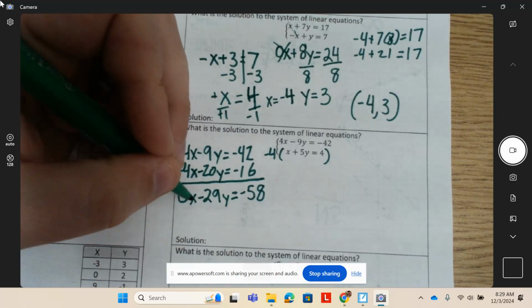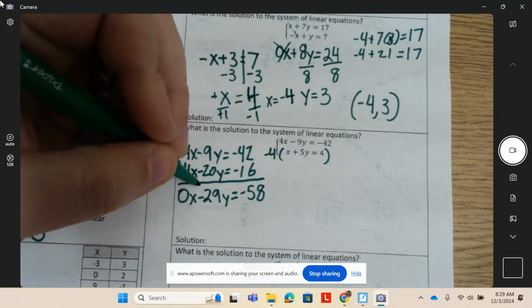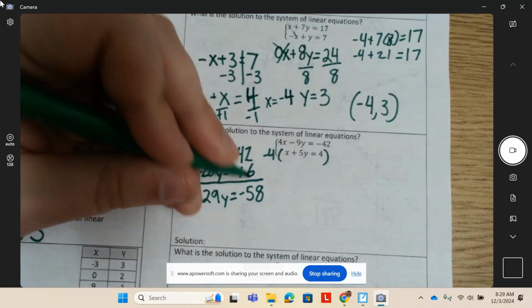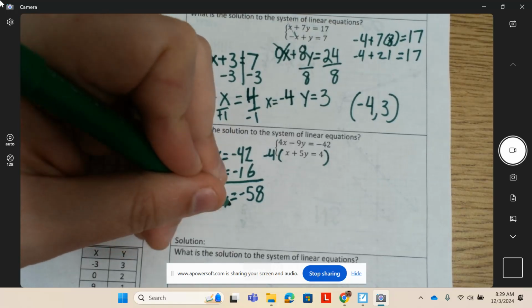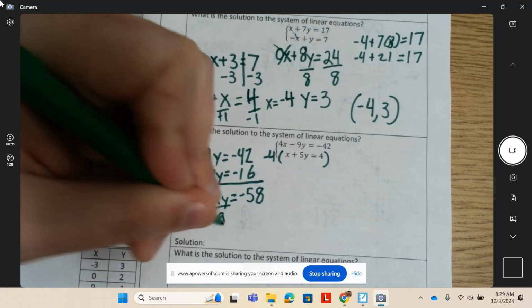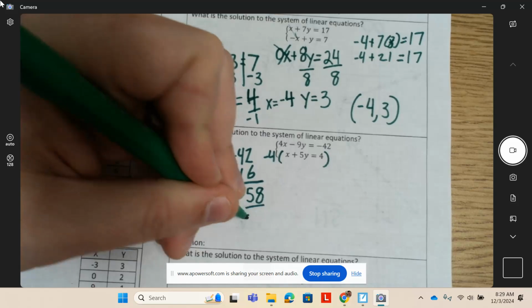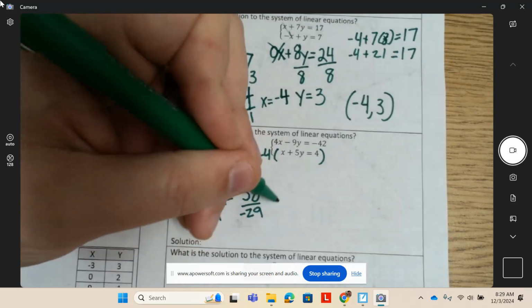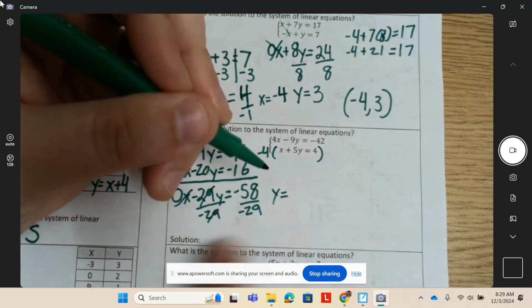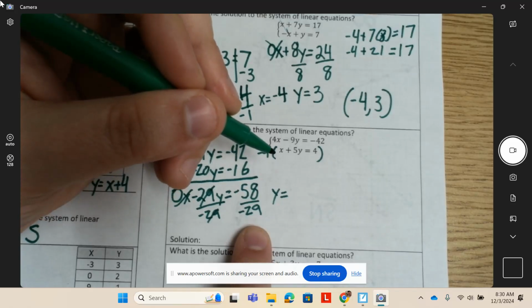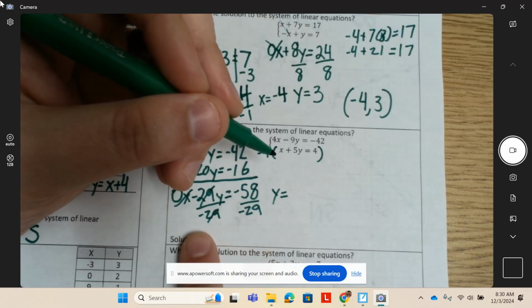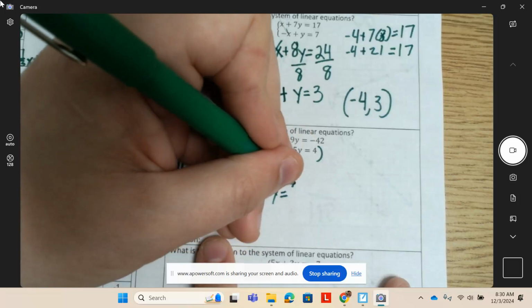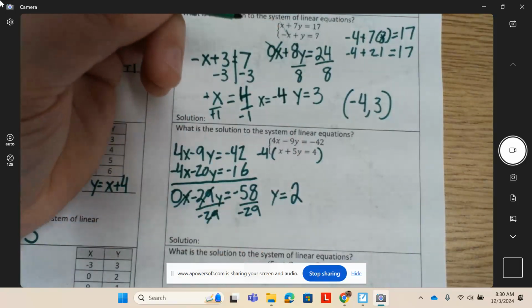So I have that canceled out. What I end up with is negative 29y equals negative 58. Well, if I divide those out, those cancel, and I end up with y equals, let's see, 29 times 2 does get me to 58. So that would just be y equals 2.